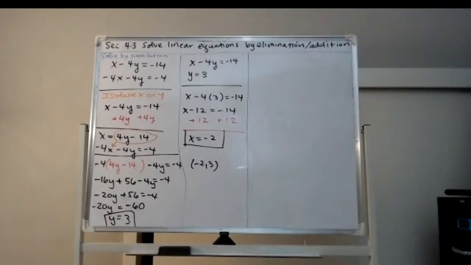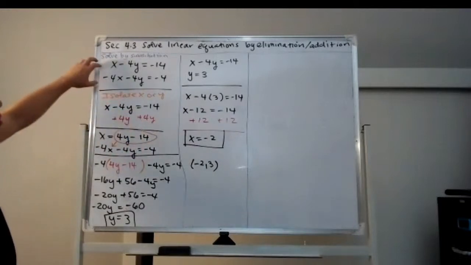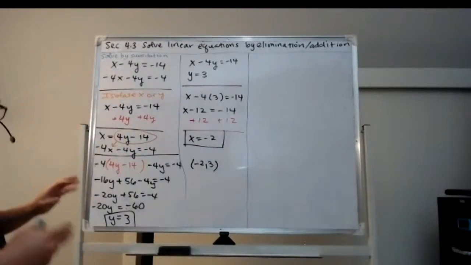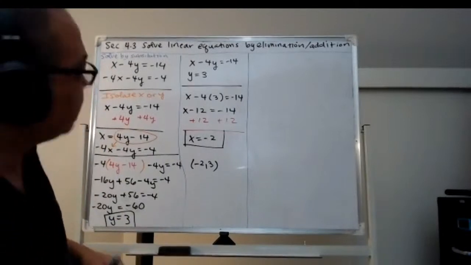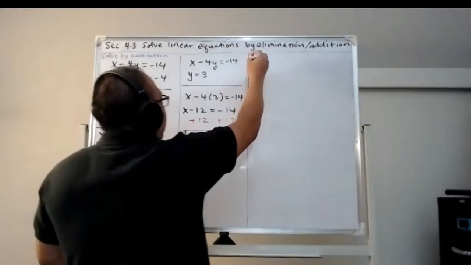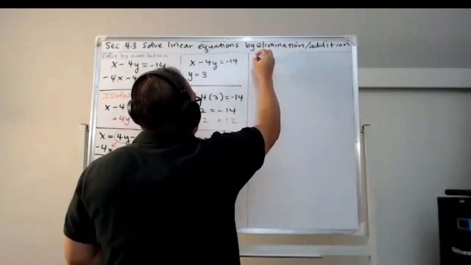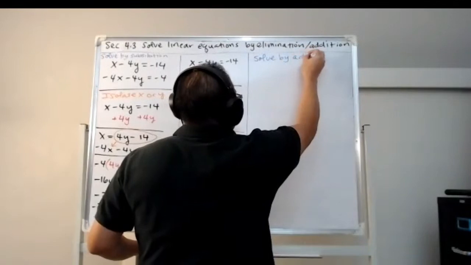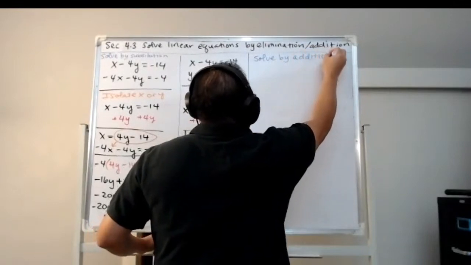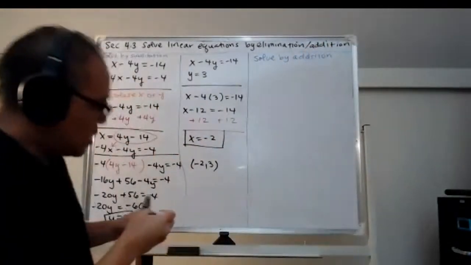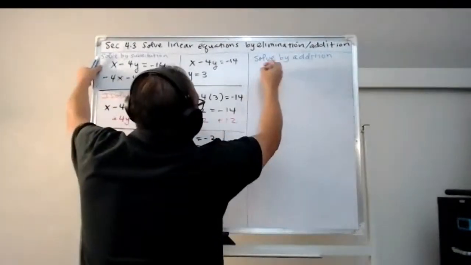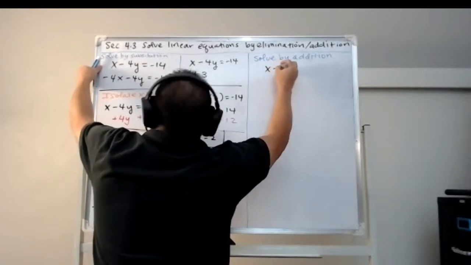Okay, so now this problem is done. Now what we're going to do is redo the exact same problem, but we're going to use a new technique. So we're going to solve by addition or solve by elimination. Solving by addition and elimination are exactly the same thing, and we're going to start with the exact same problem.